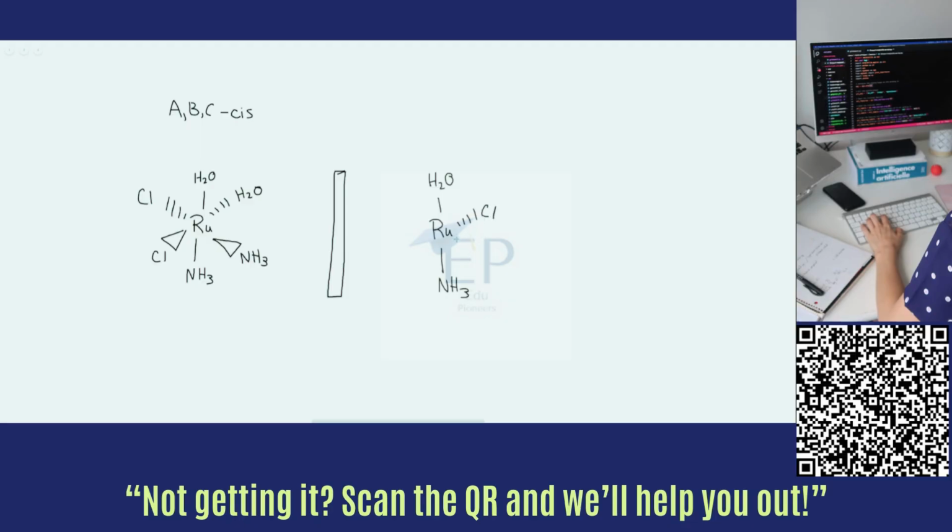The chlorine going back, chlorine coming out at you. Water going back. And the ammonia coming out at you. In this case, we have enantiomers because these are not superimposable themselves.